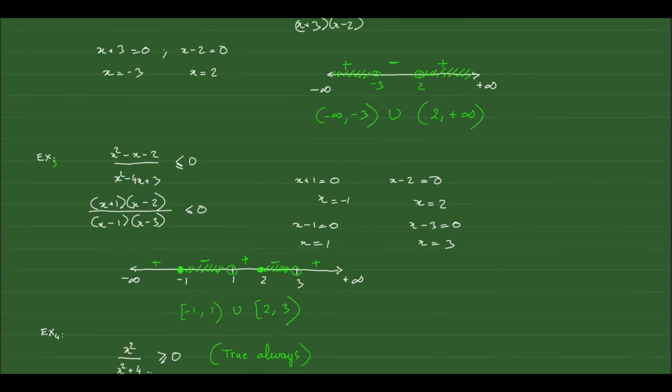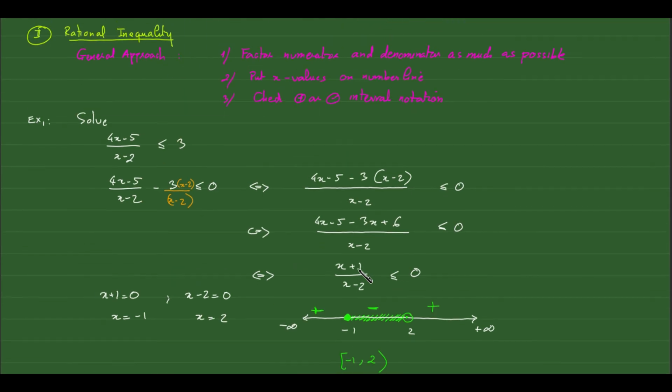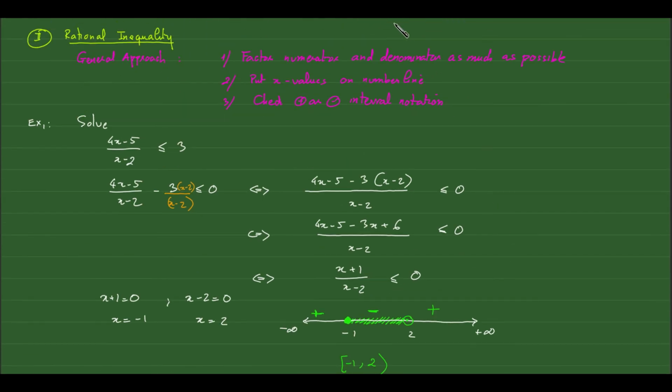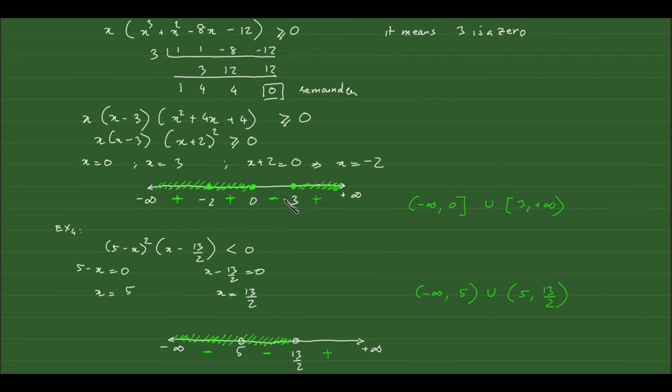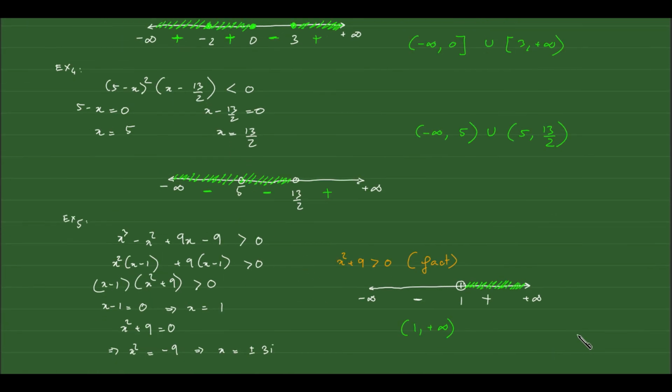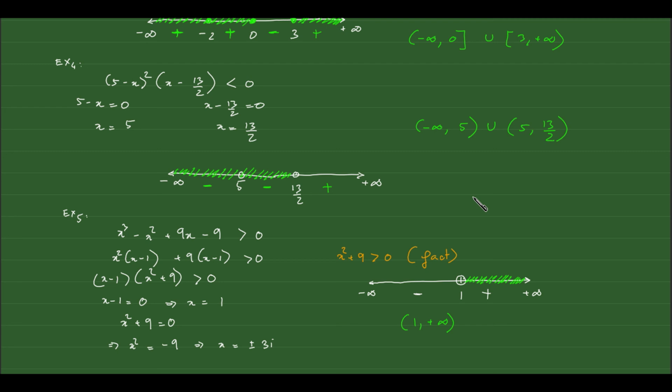If you use another method, it will be wrong, because we don't have another method. Don't use any other method. This is the only method to solve polynomial inequality and rational inequality.